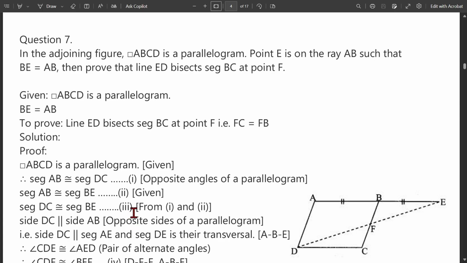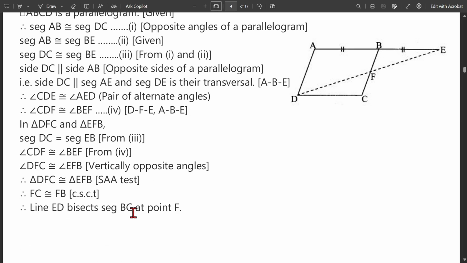That forms equation number 3. Also, DC is parallel to AE because opposite sides are parallel. And DE is transversal. Therefore, angle CDE and angle AED form a pair of alternate angles.